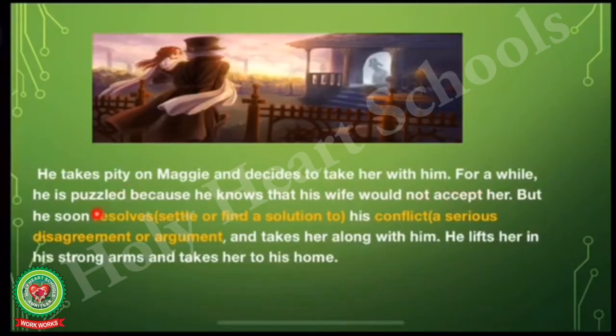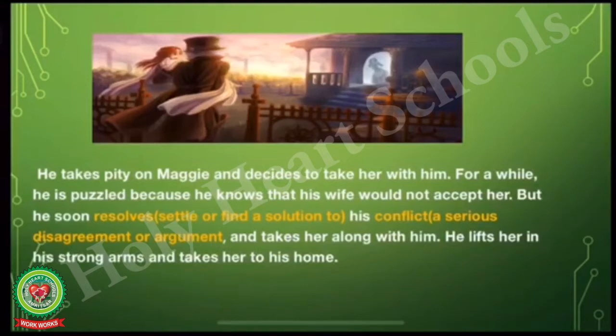For a while he is puzzled because he knows that his wife would not accept her. But he soon resolves, underline the word resolve and write down settle or find a solution to. And please underline the word conflict and write down the meaning, a serious disagreement or argument.